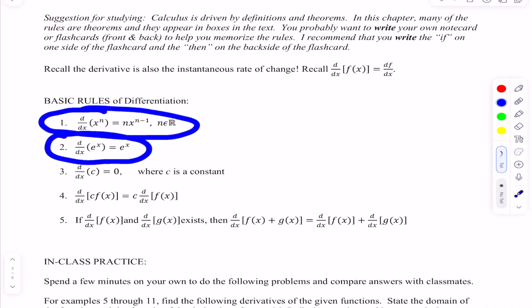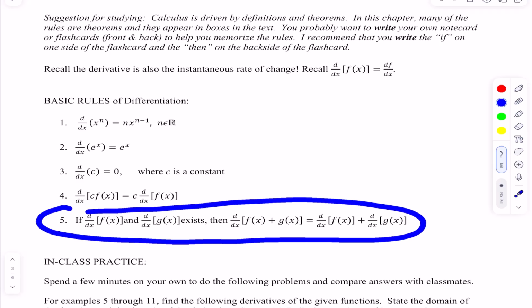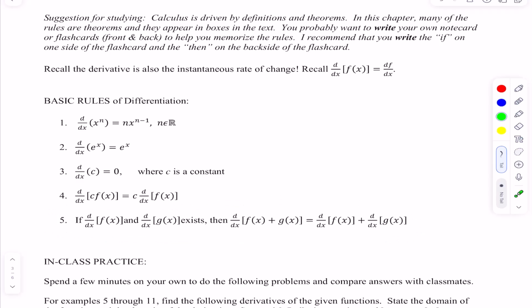So you might as well just rewrite these and memorize them as much as you can as soon as possible. If you need help memorizing these things, you could make flashcards. You could put this on the front of a flashcard, and then you could put this on the back of a flashcard. Remember, the double bar symbol means to have the same value as.